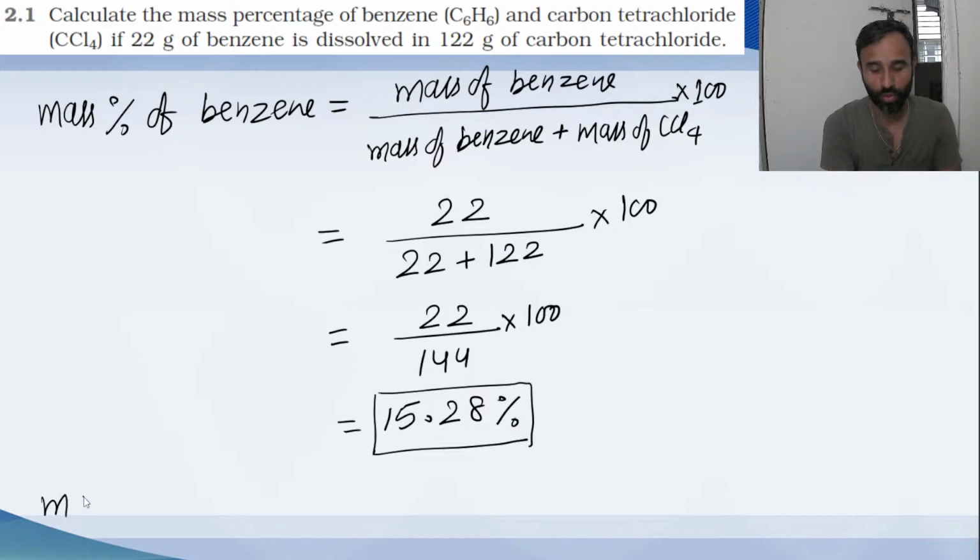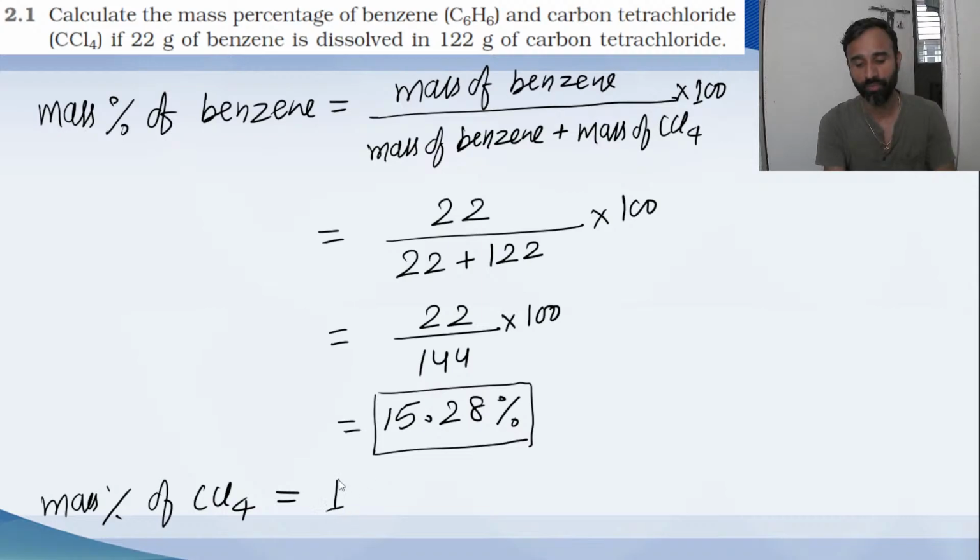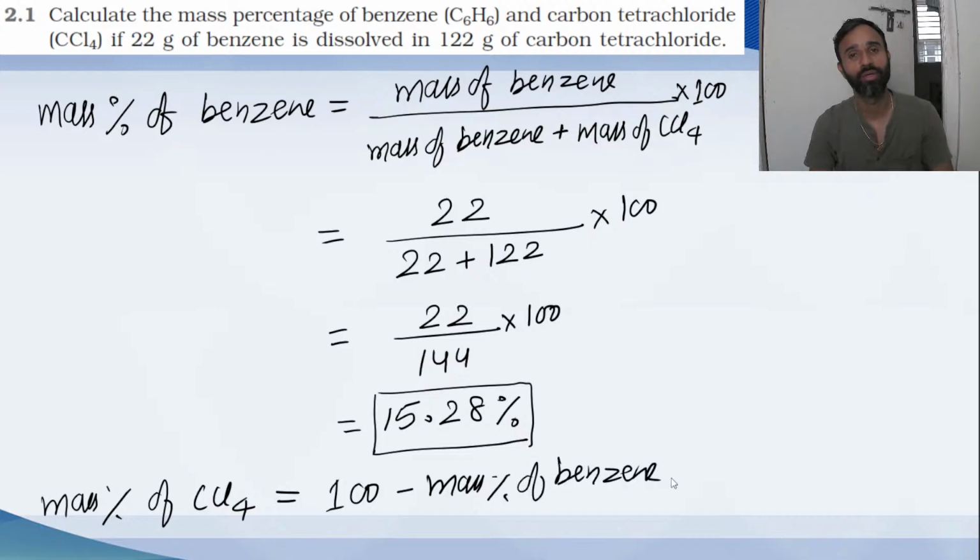Now, mass percent of carbon tetrachloride is equal to 100 minus mass percent of benzene, because total mass percent is always equal to 100.